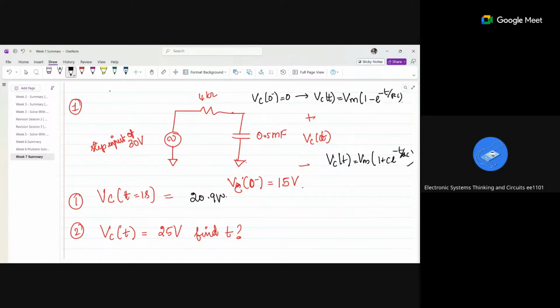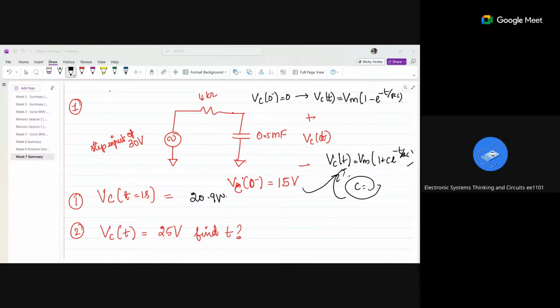You have to apply this condition, find the value of c, then you will get the equation, then you can find VC of t, right? Is everyone getting 20.9 volts? Those who have got 20.9 volts can move to the next question.